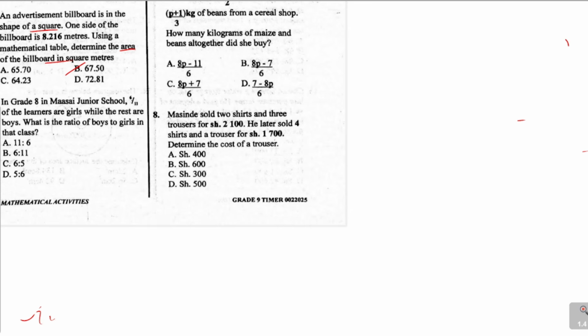So question 8. Masinde sold 2 shirts and 3 trousers for 2,100. He later sold 4 shirts and a trouser for 1,700. Determine the cost of a trouser.